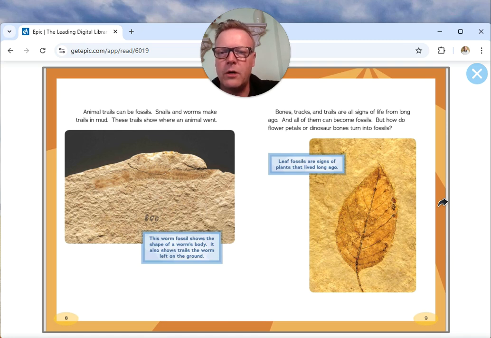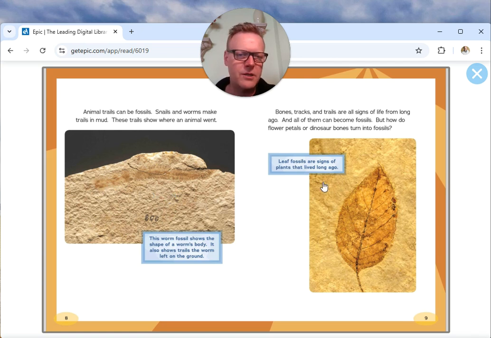Snails and worms make trails in mud. These trails show where an animal went. So you guys can see right here, it says this worm fossil shows the shape of a worm's body. It also shows trails the worm left on the ground. Pretty interesting, right? So all different kinds of imprints.